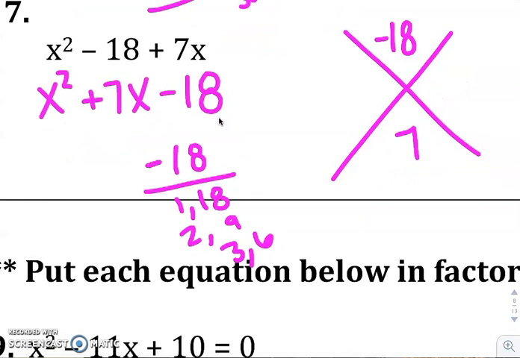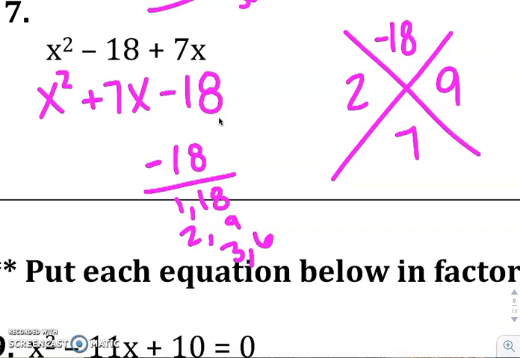So we want to get negative 18. So that's what we need to multiply by, but we're trying to add to get a positive 7. So looking at 1 and 18, 2 and 9, 3 and 6, what are you kind of thinking you could add together to get to 7? Hopefully it's the 2 and the 9. We just have to figure out how do we get to 7.